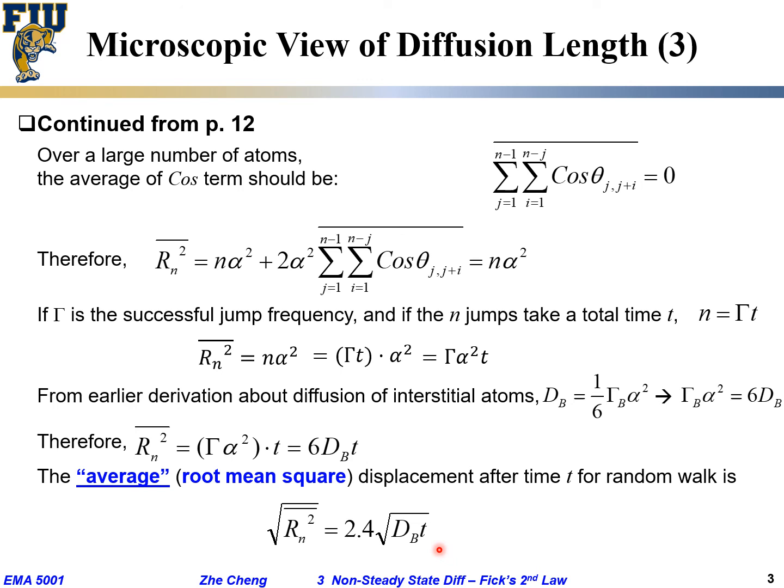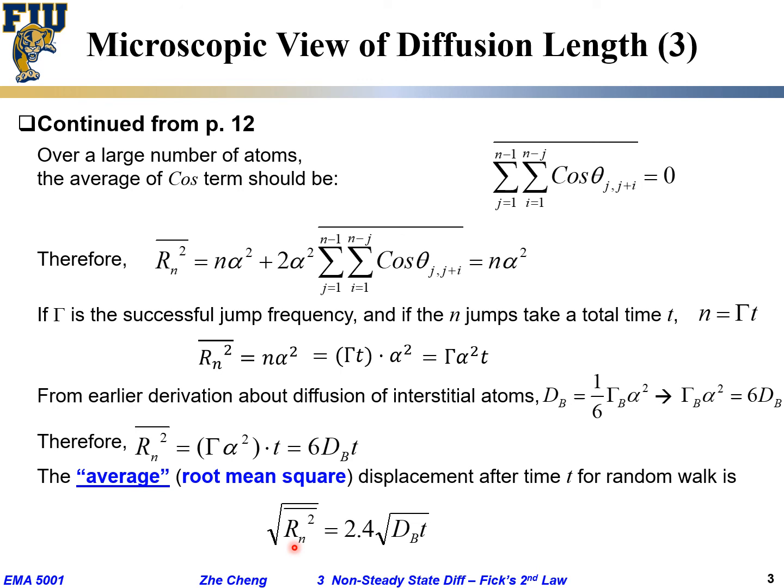Again, what does t mean? Time, right? How long? Of course, it's jumping. This time t gives us n jumps. What does D mean? That's our diffusion coefficient, in this case in particular, the interstitial diffusion coefficient. What does Rn mean?